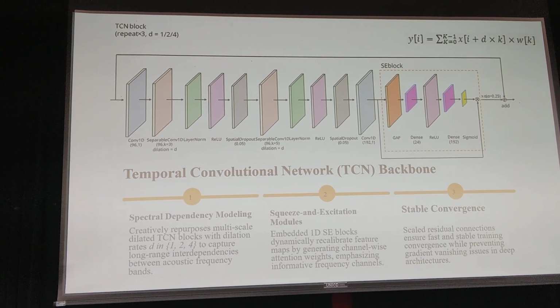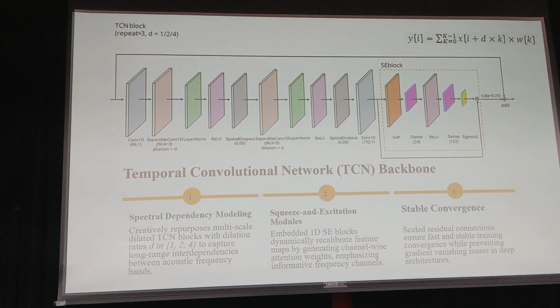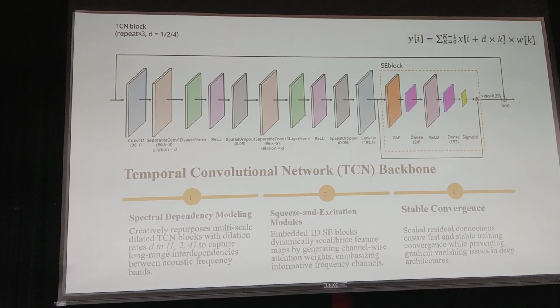The equation here shows how the dilation rate, which exponentially increases as 1, 2, and 4, repeatedly expands the receptive field to capture long-range spectral correlations.